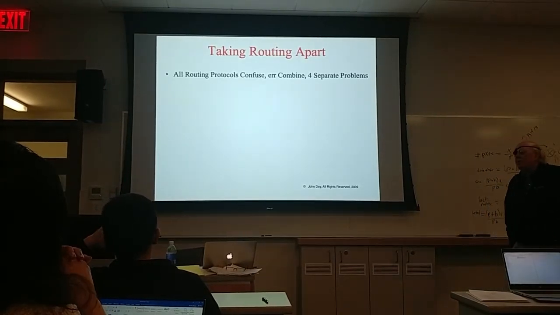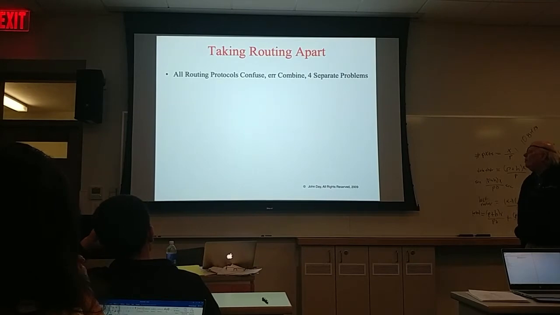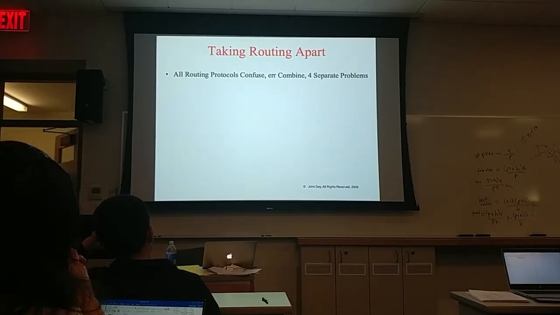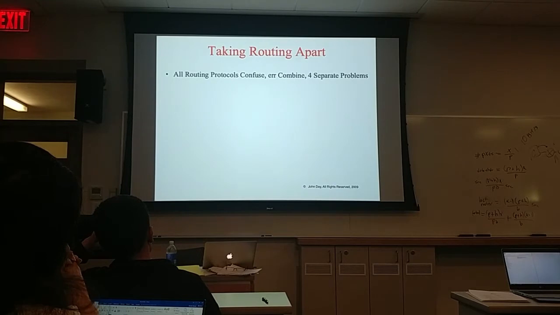So, taking routing apart, actually calling these routing protocols is a misnomer. Everybody in the industry calls them routing protocols. They really aren't. What they really are is a protocol for creating and maintaining a replicated database.